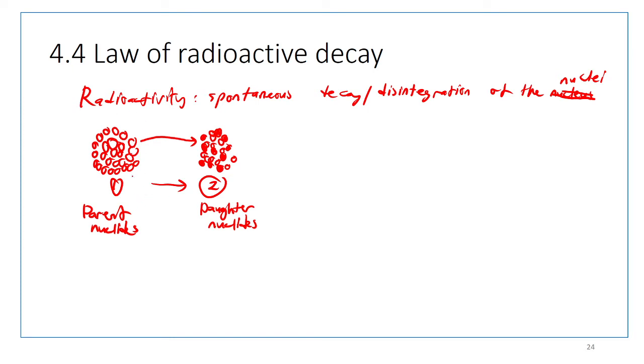Let's say, if I know at the beginning, there were N1(0). At the beginning means that time t equals 0.